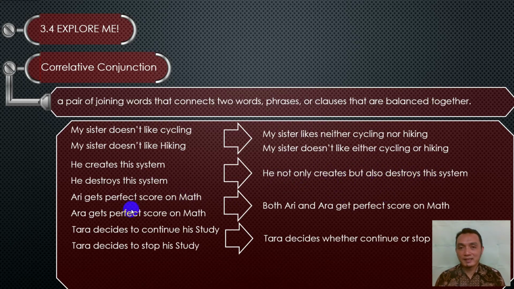And then the third example, both Ari and Ara get perfect score on math. And the last example, Tara decides whether to continue or stop his study. So the first example is a difference in object, the second a difference in the verb, the third a difference in the subject, and the fourth a difference in to infinitive.